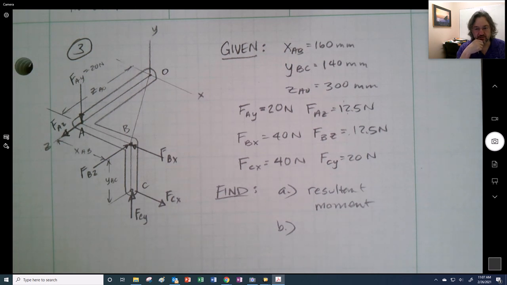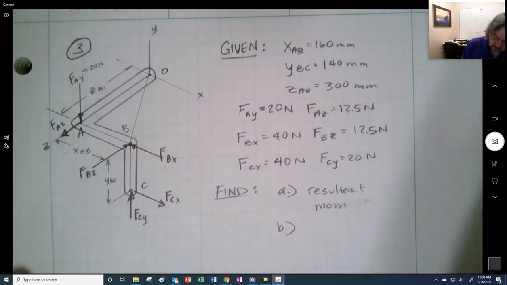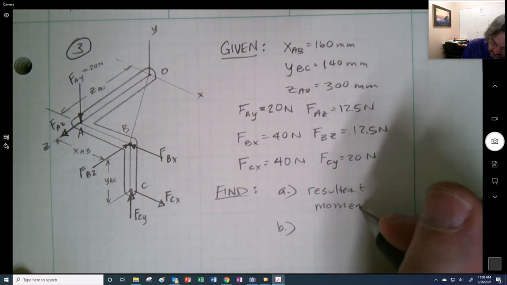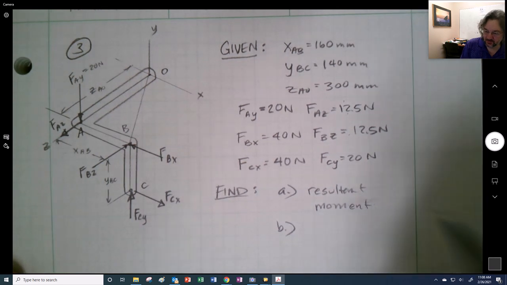Instead of using the couples, you could use the couples if you just recognize that the couples exist, right? But it doesn't come up a whole lot. And I think it's almost like a shortcut, maybe.